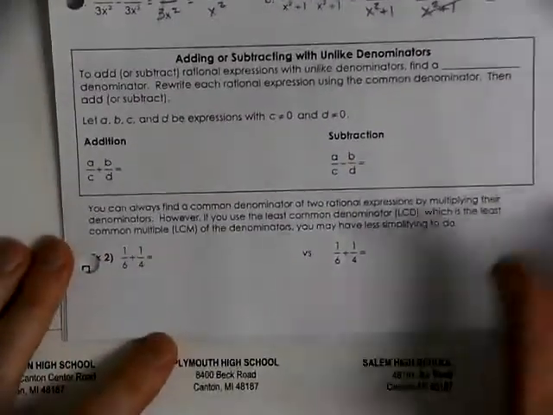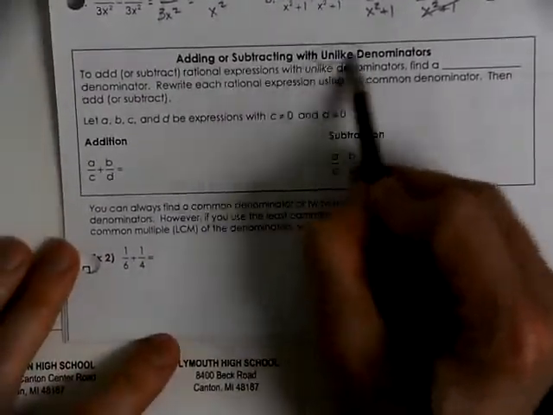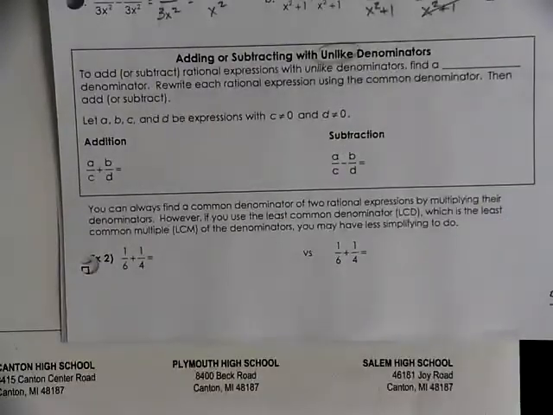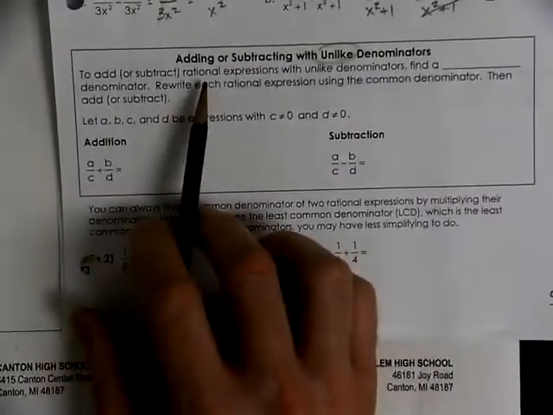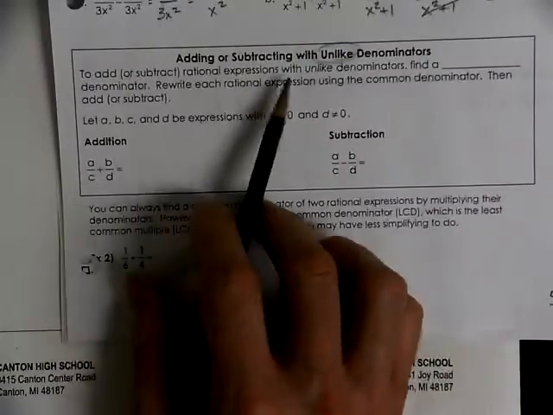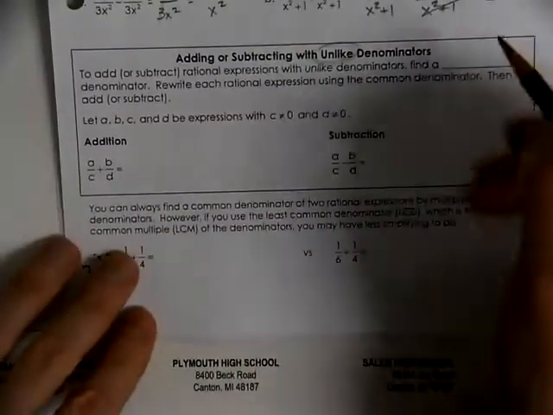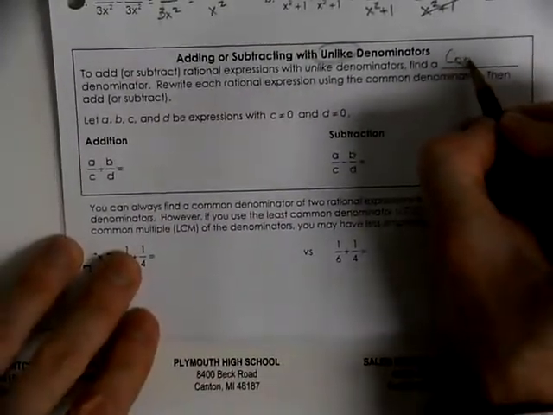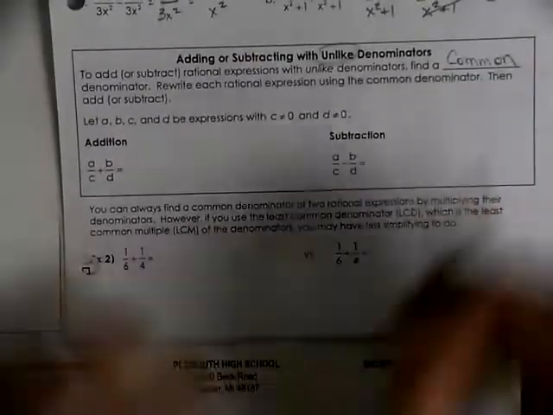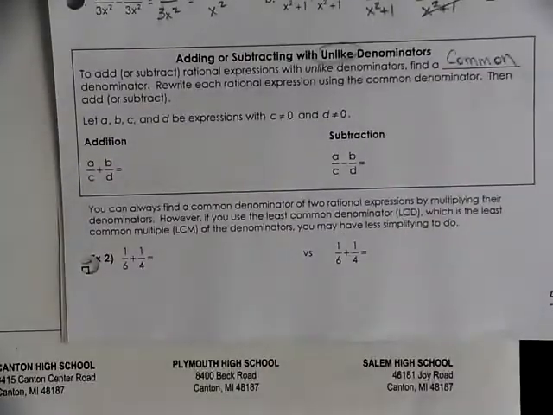Now we're going to have unlike denominators. To add and subtract rational expressions with unlike denominators, find a common denominator. Rewrite each rational expression using the common denominator.